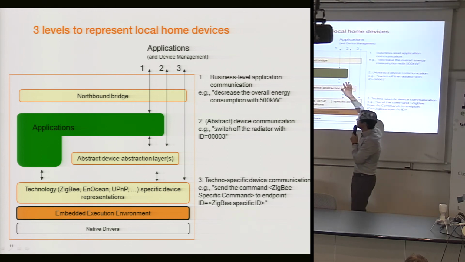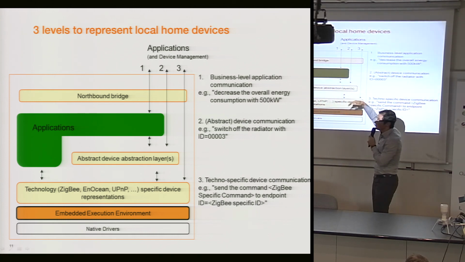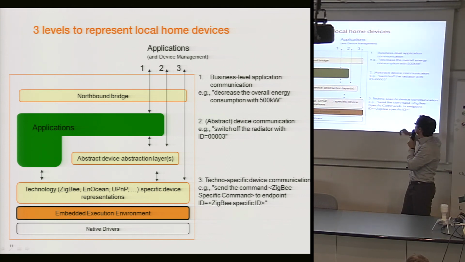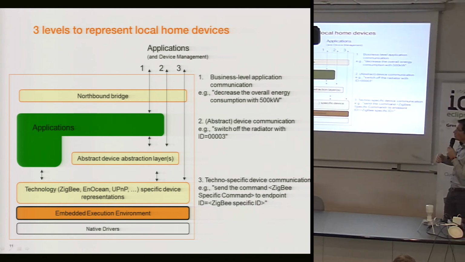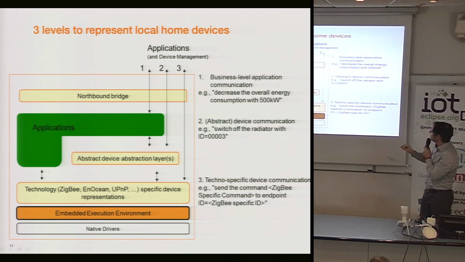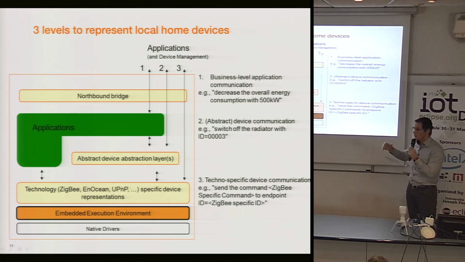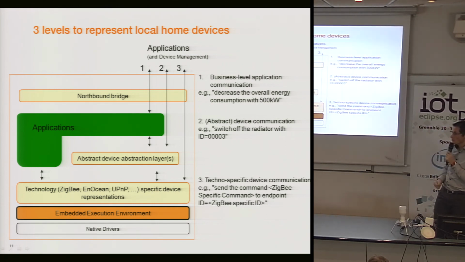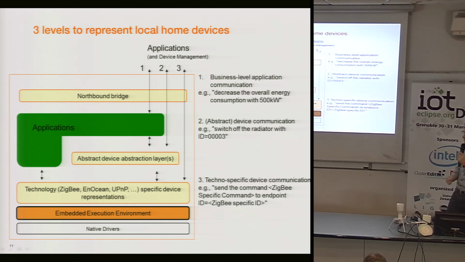And above that, we have applications, and we could have embedded applications there that could also have some APIs above that, business-level application APIs, so the developer or a partner can say, here I need to decrease the overall energy consumption by 500 kilowatts.